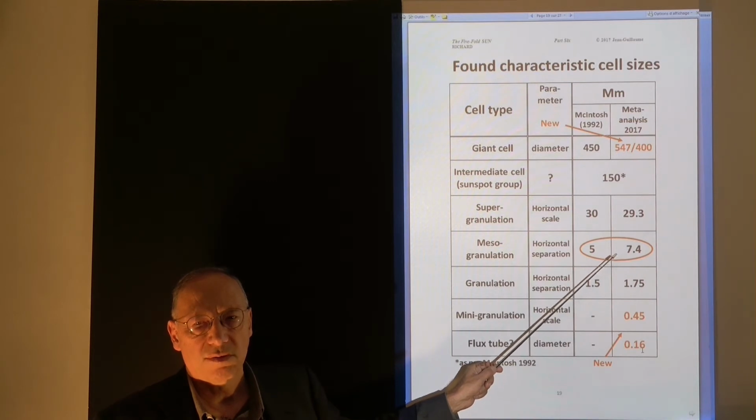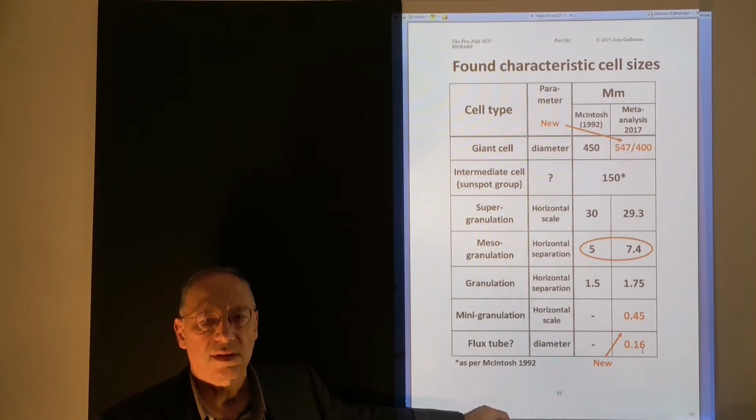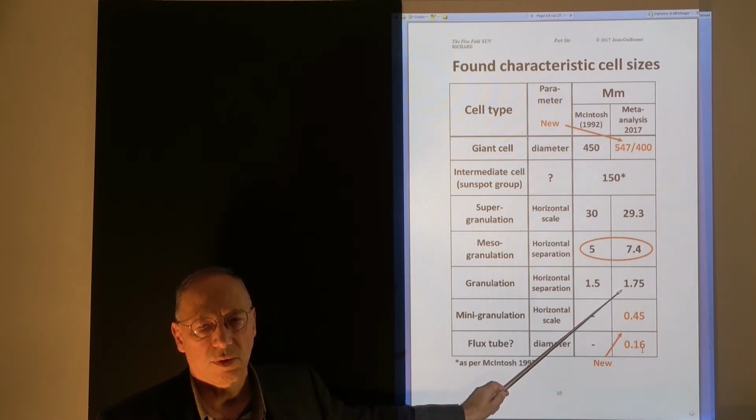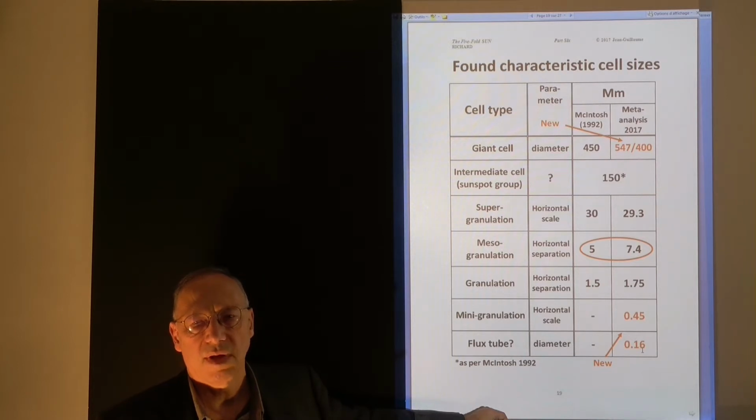As for mesogranulation, it is reassessed at a higher value, but you saw in the previous pages that the value of 5 is not in the data, probably rounding by Patrick Mackintosh. And for granulation, we propose that 1.75 is perhaps more realistic, better verified than the rounded value of 1.5.